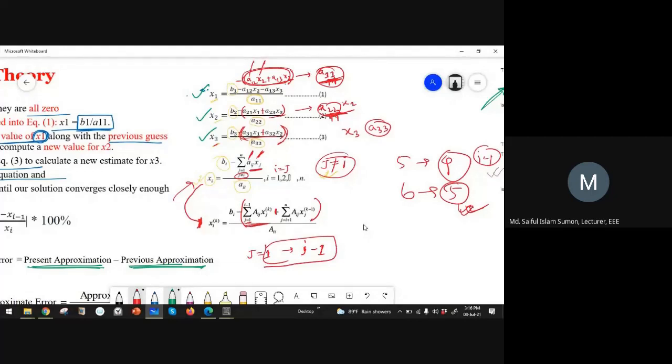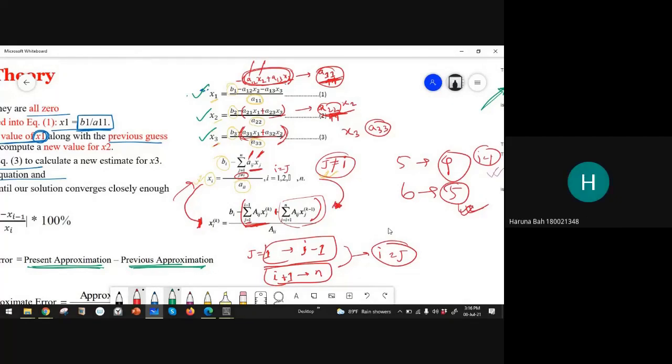After that, from i plus 1 to n, the remaining summation has been done here. So which one is left? i equal to j is left. So I can simply replace this one with this equation, isn't it?